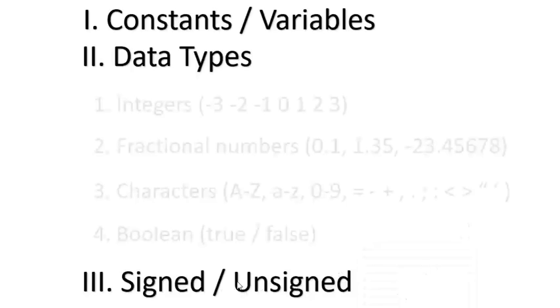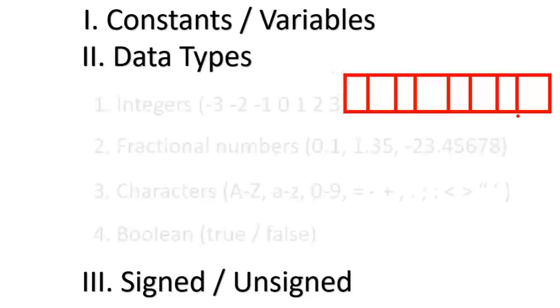Then we'll also see what are the signed and unsigned variables, and whether the data type is signed or unsigned. A short integer takes 2 bytes, but let us assume 1 byte. The first bit will be used to store the sign, plus sign or minus sign.